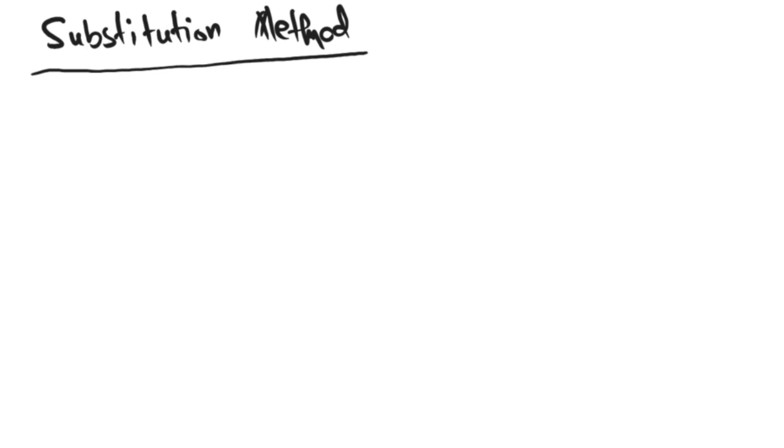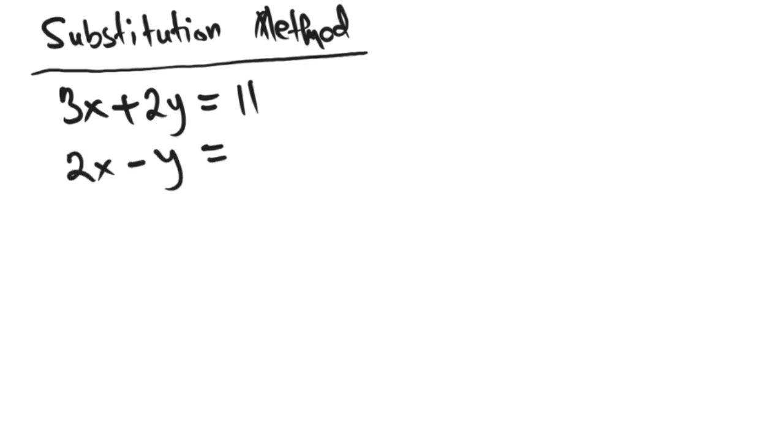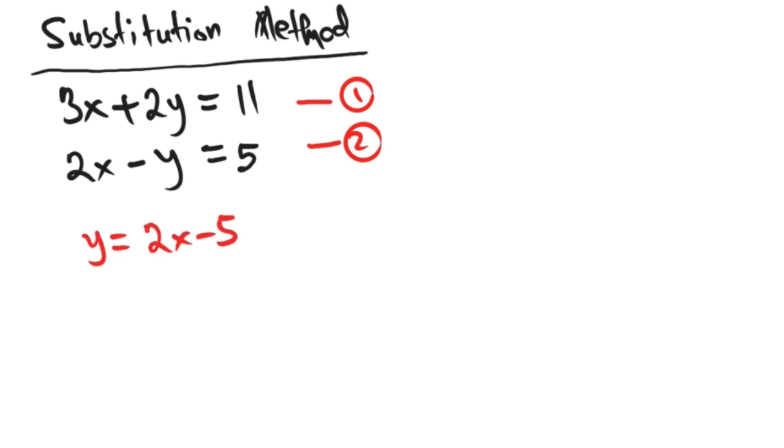Still using the same equations, I have 3x plus 2y equals 11, and then 2x minus y equals 5. Let me call these equation 1 and equation 2. I can make y the subject in equation 2, so y is equal to 2x minus 5.